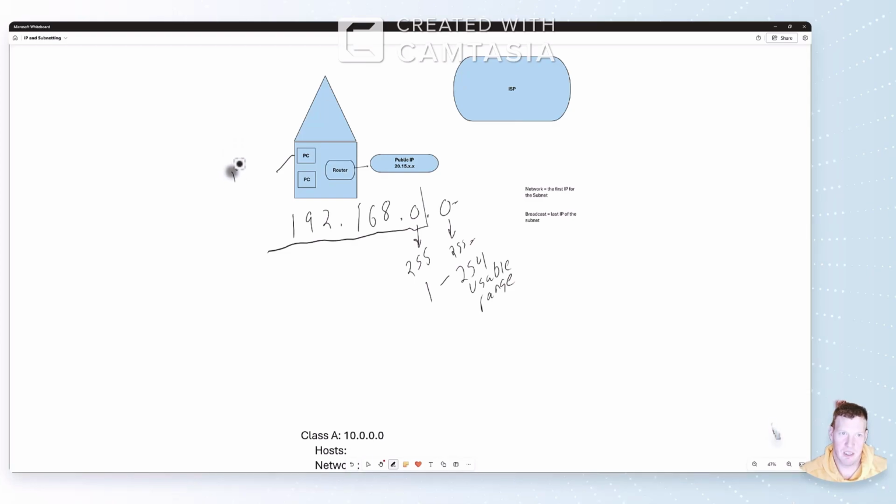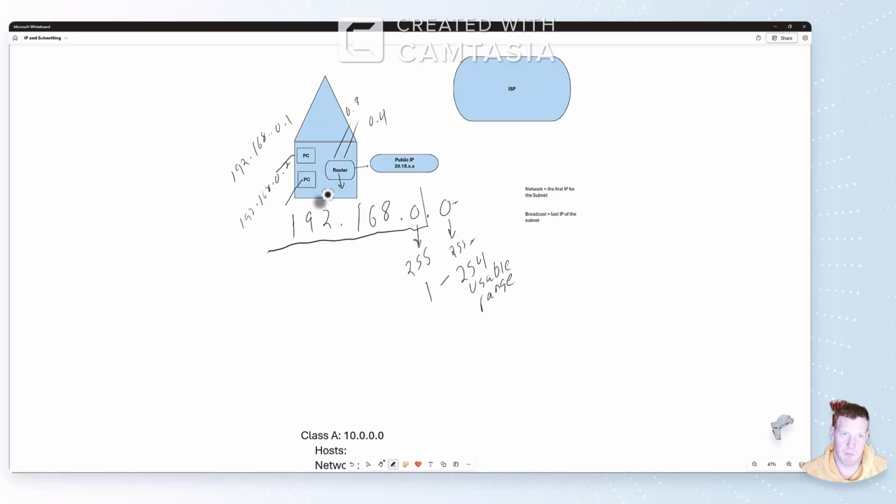We could do 192.168.0.1. And this device can get the next one. These are all our usable IP addresses. 192.168.0.2. And if you had all these other devices, it would be 0.3 and 0.4 and so on and so forth. One thing to keep in mind is typically you would assign your router the first available IP address.